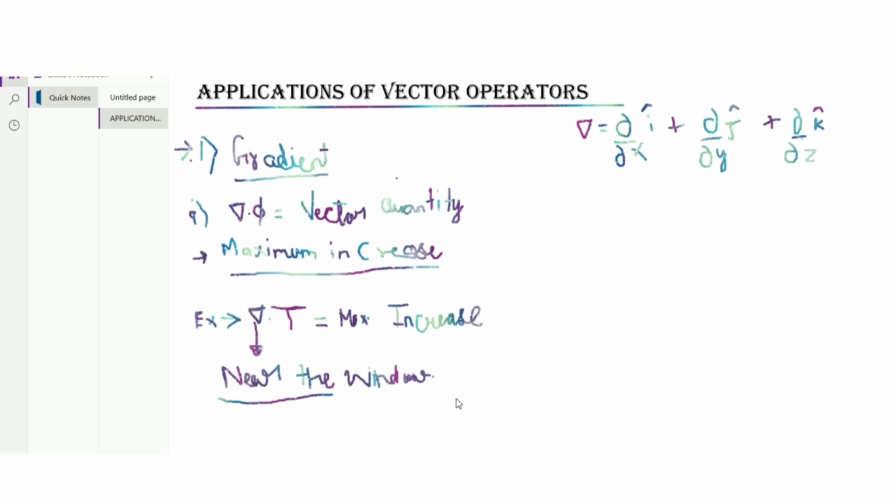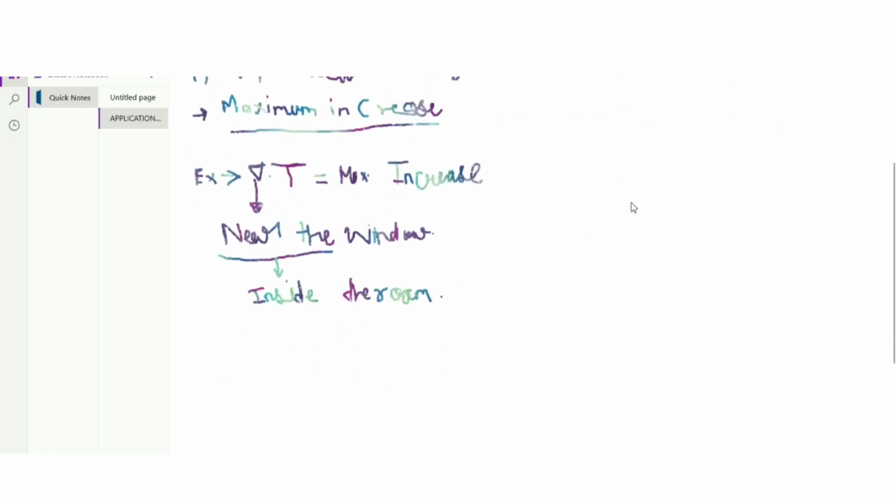So when you take the gradient of the temperature near the window, the direction will be inside the room.